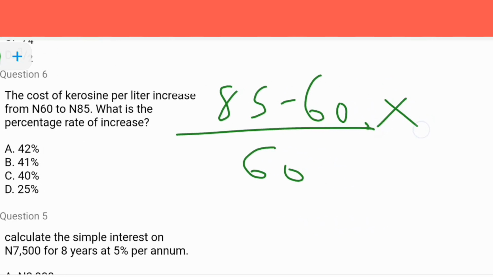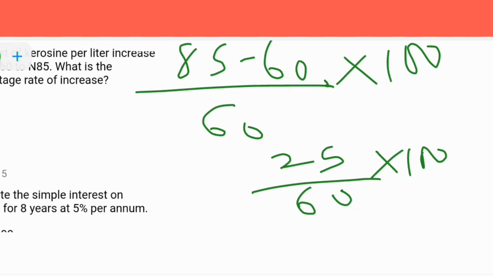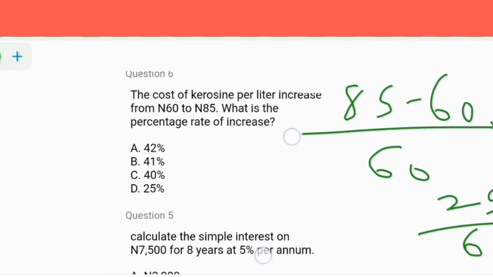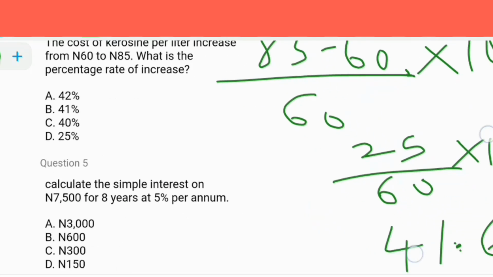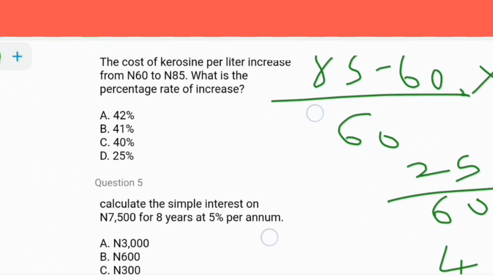So times it by 100. 85 minus 60 gives you 25, divided by 60, times 100. If you finish this off, you get 41.67%, which is approximately 42%.